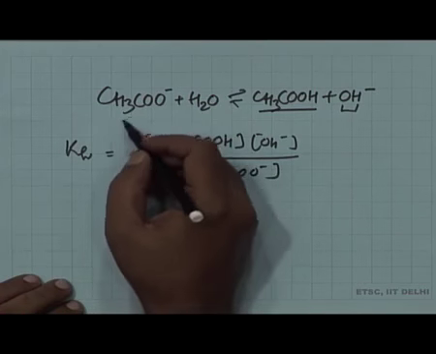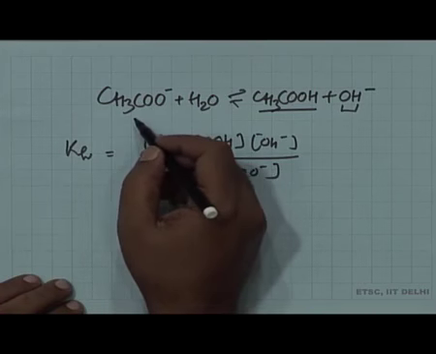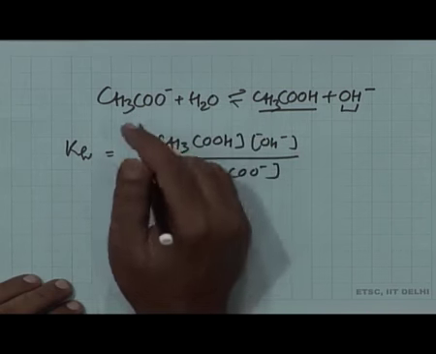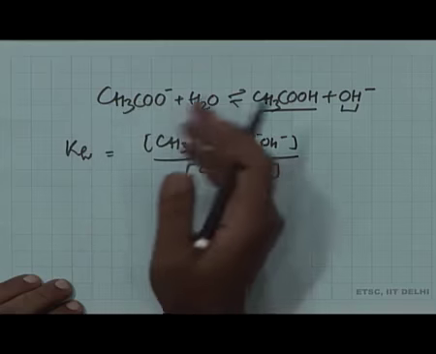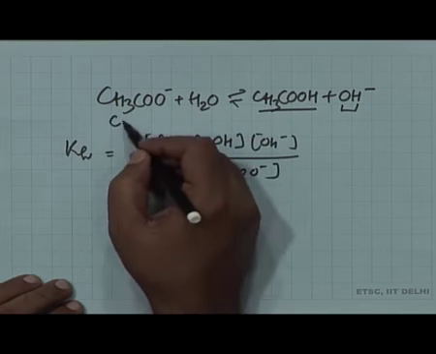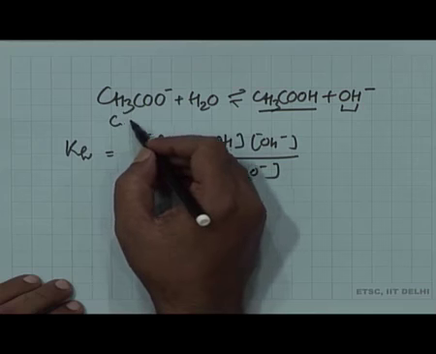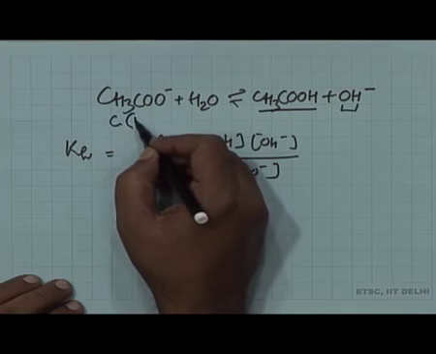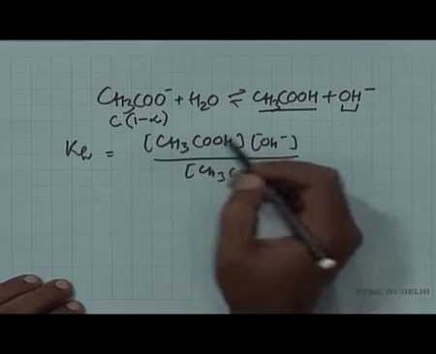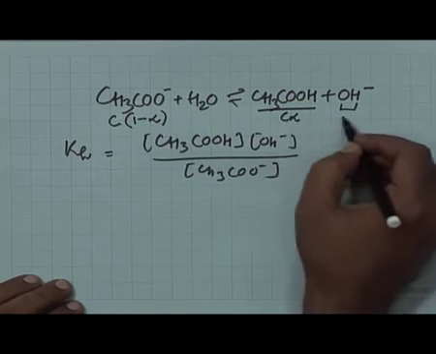Now, if I assume that C is the initial concentration of the soluble salt, and the degree of hydrolysis is alpha, we will get C alpha, C alpha.